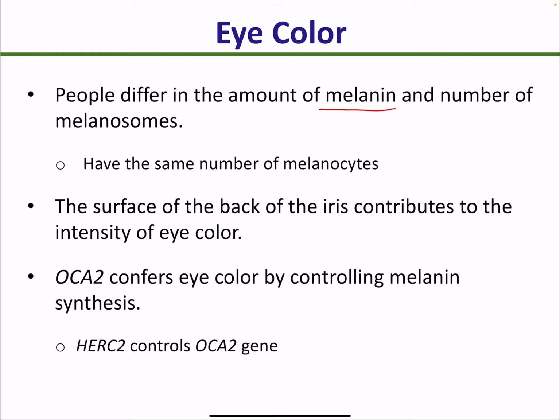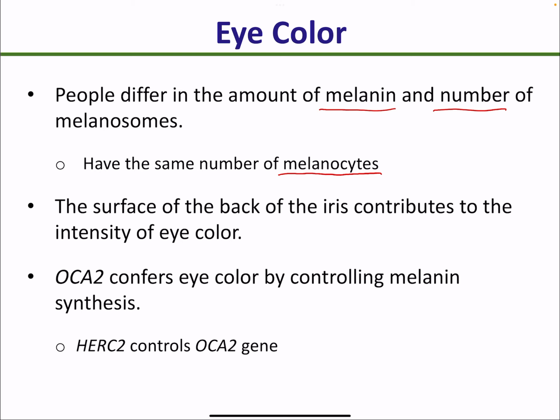And as you consider the amount of melanin and the number of melanosomes among individuals, we are going to notice that the amount of melanin and number of melanosomes vary from one individual to another. However, on average, in humans, we have about the same number of melanocytes.